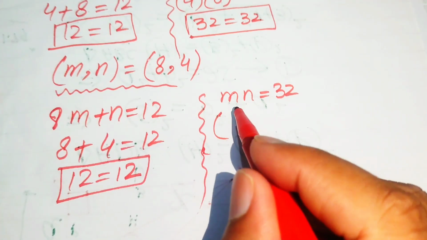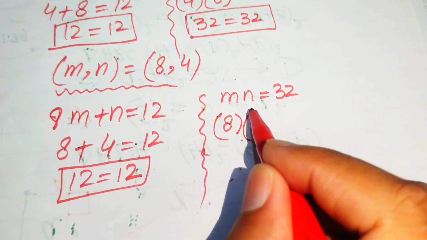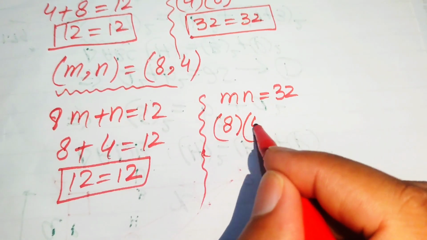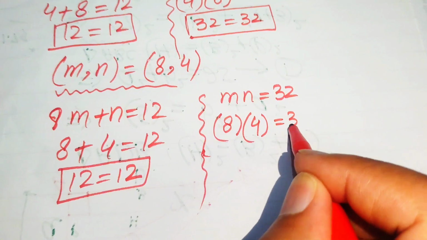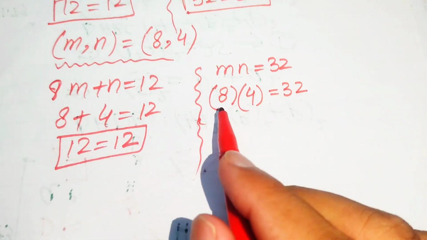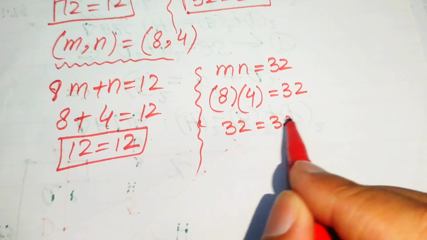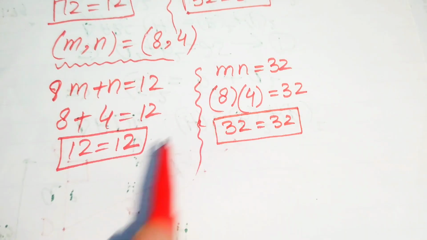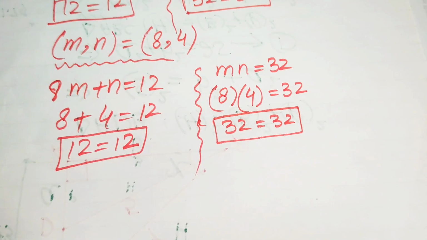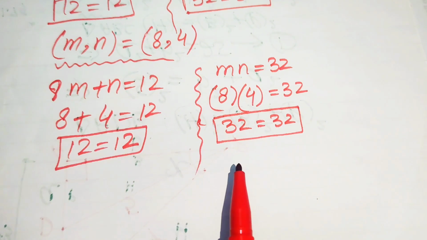So we have the value of m is 8 and the value of n is 4, and it is equal to 32. And we know that 8 4s are 32, equals 32. So this also shows that the left hand side is equal to the right hand side.